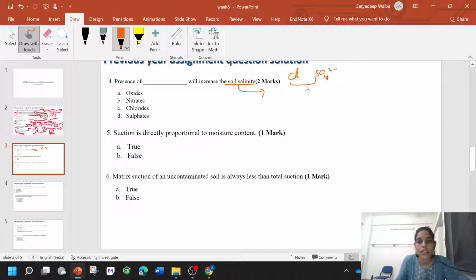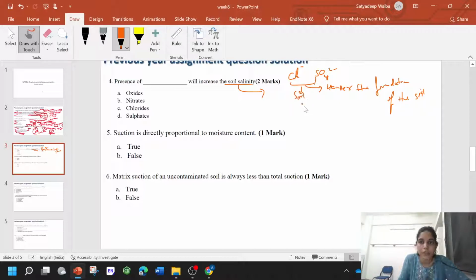Because these two are actually very harmful ions, because they hamper the foundation of the soil. If in a soil there is a high amount of chlorine and a high amount of sulfate ion, what happens is that it corrodes the foundation and hence reduces the stability of the soil. And they are basically the characteristics for the soil salinity.